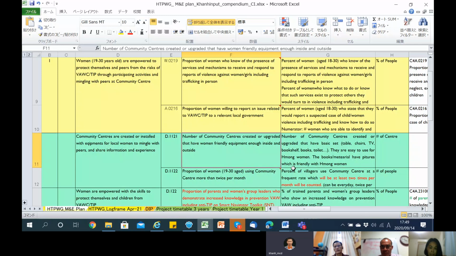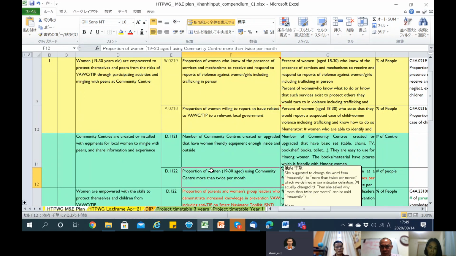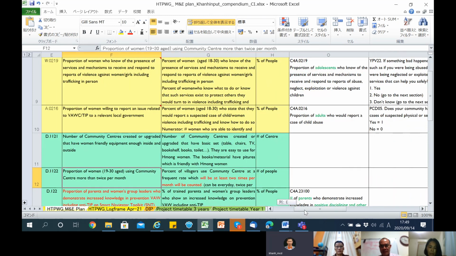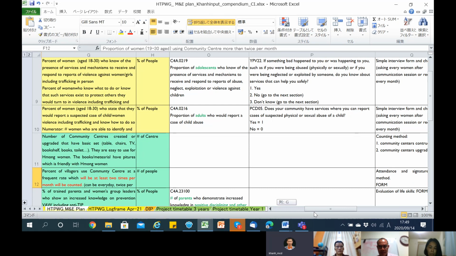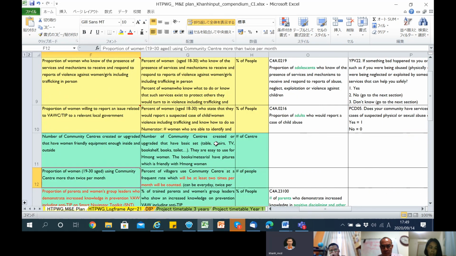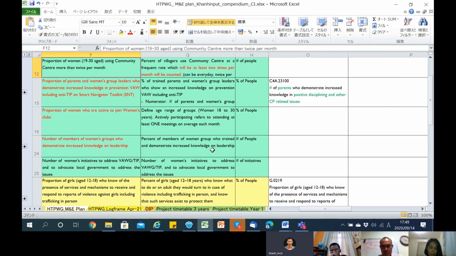We can ask the women's questionnaire how many times they visit the community center. Right. And proportion of parents and women group leaders who demonstrate sufficient knowledge on prevention of violence against women.